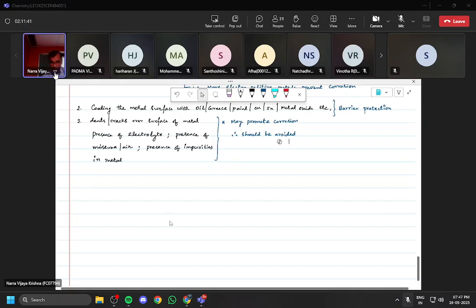Now, one more important point given in your textbook. Last point in your textbook. Phosphates. For corrosion, one point is there. Phosphates are called anti-rust solutions. Correct? What are those anti-rust solutions?